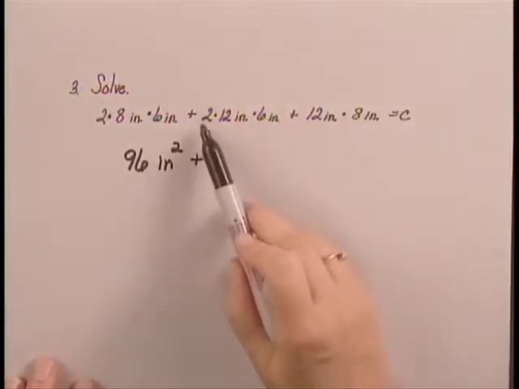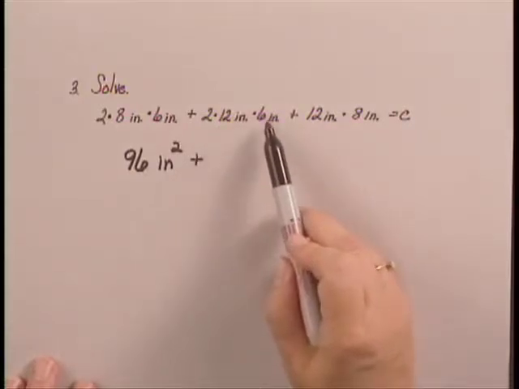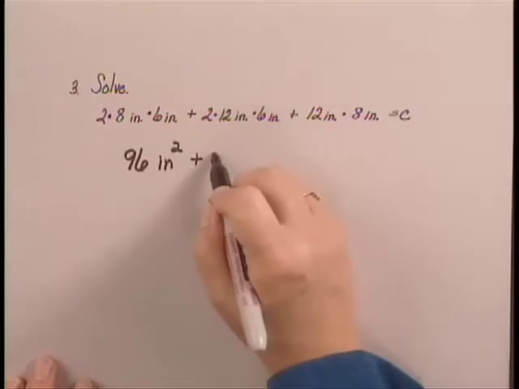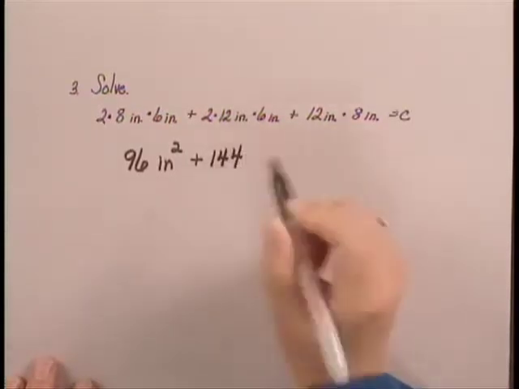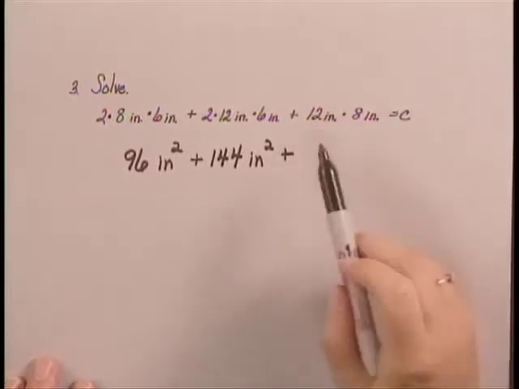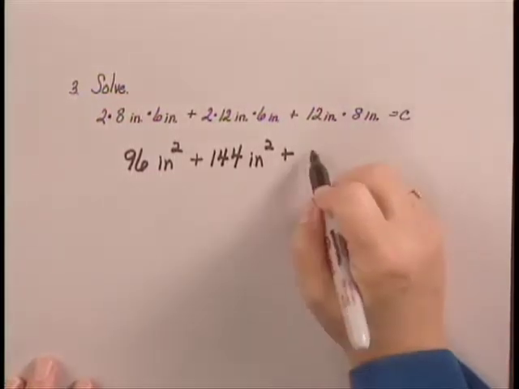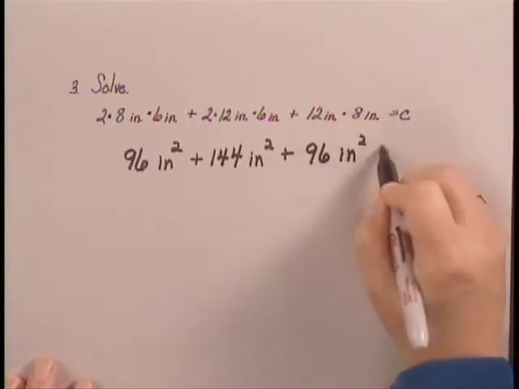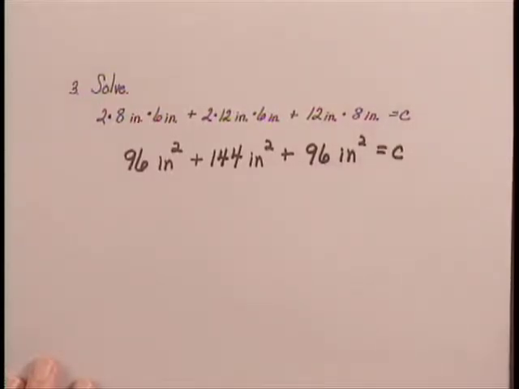Then I have 2 times 12 inches times 6 inches. So I'm multiplying 2 times 12 times 6. I get 144. Again, my unit will be square inches. And finally, I'm multiplying 12 inches times 8 inches. I get 96 square inches, and that equals C.